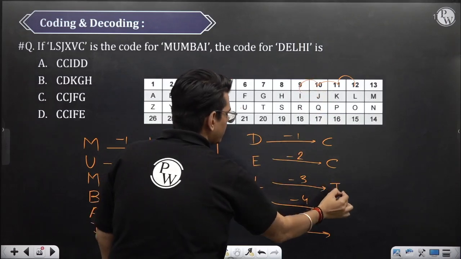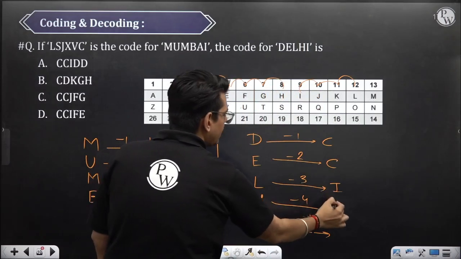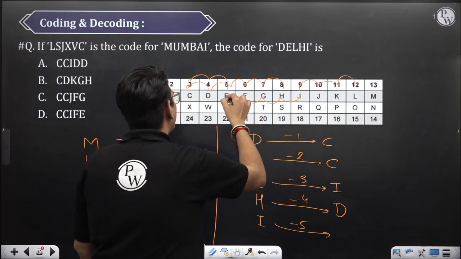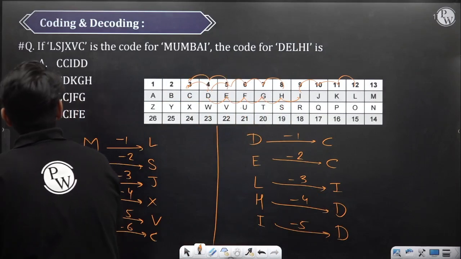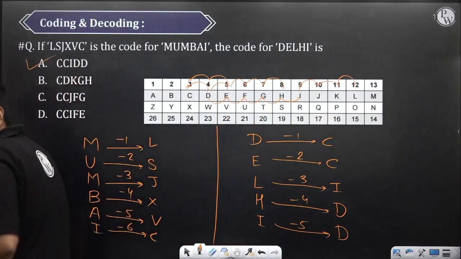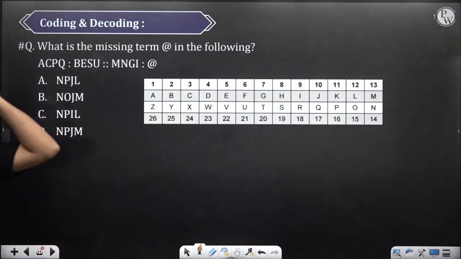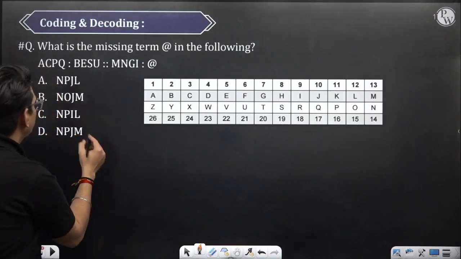This is I. And H -4, 1, 2, 3, 4, which is D. I -5, 1, 2, 3, 4, 5, D. So CCIDD. The code is CCIDD. Option number A. This is also done. Right. Now let's solve the next problem. In all the questions, you just have to find the pattern. That's the thing to be found out.